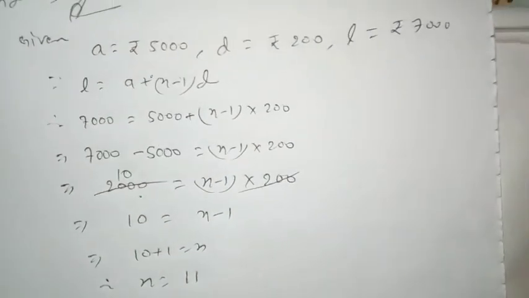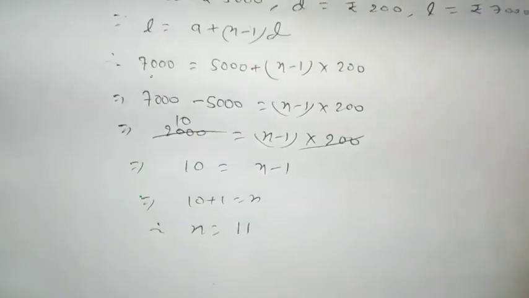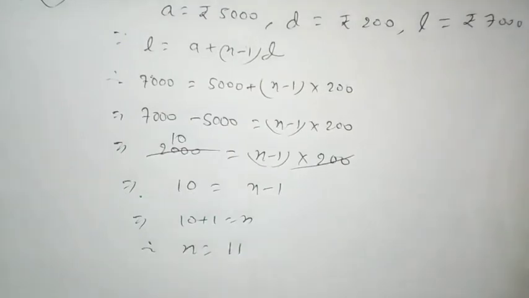So after 11 years, Subba Rai's income reaches rupees 7,000.